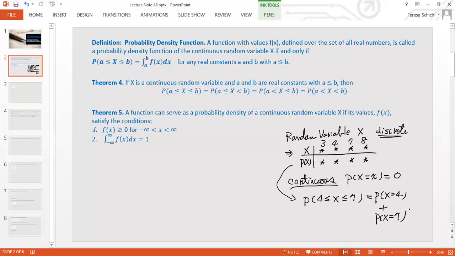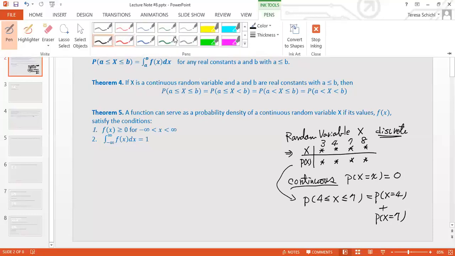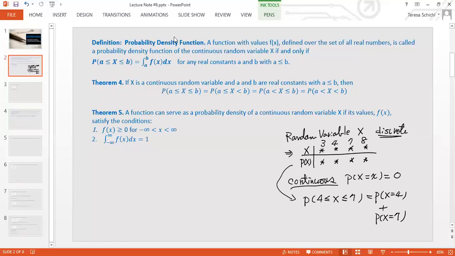But how do I define it for a continuous random variable? If you want to find the probability for your random variable between 2 numbers A and B here.